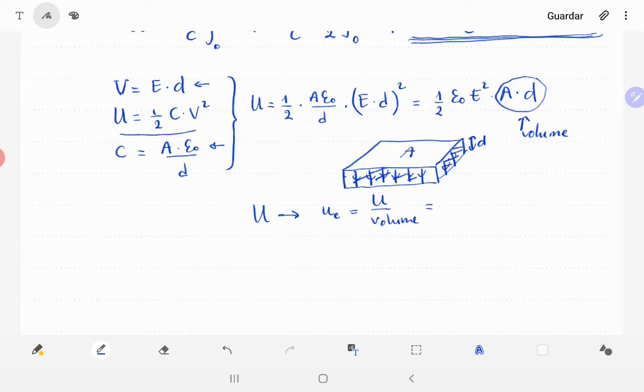So this, if I divide by the volume, is 1 over 2 epsilon sub 0 E squared. So we can also see that building up an electric field is also a way of storing energy. And even though we've derived this for the parallel plate capacitor, this expression is valid for the establishment of any electrical field.